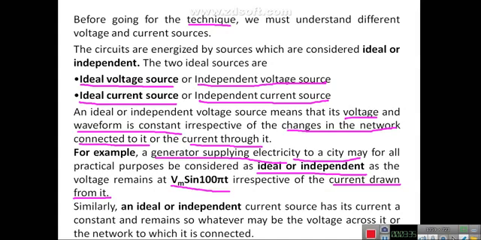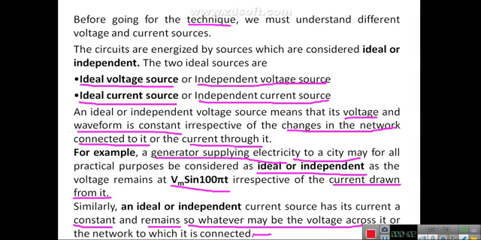Similarly, an ideal or independent current source has its current constant. That means the current remains constant whatever may be the voltage across it or the network connected to it.